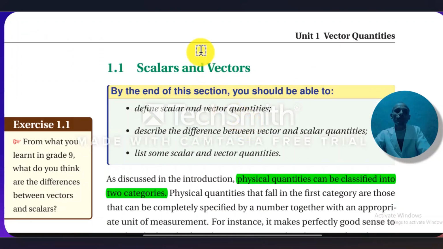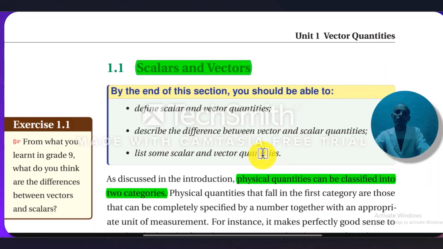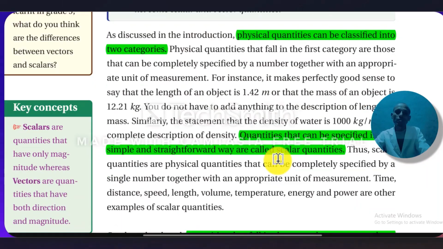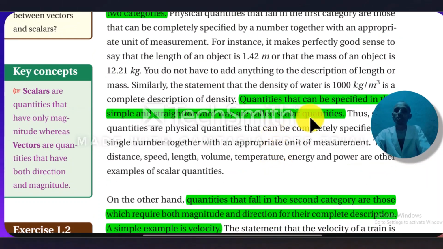Physical quantity can be classified into two groups. The first one, quantity that can be specified in this simple and straightforward way, is called scalar quantity. Scalar quantities are physical quantities that can be completely specified by single numbers together with an appropriate unit of measurement.